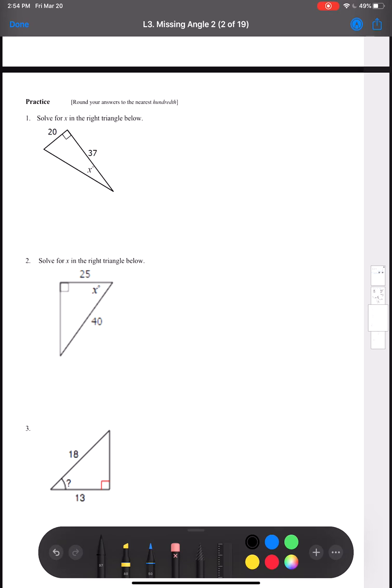Okay, so we're looking at this angle here. This is our hypotenuse. So from this angle, we have opposite and adjacent. So SOHCAHTOA says, because we have the opposite side and the adjacent side, we're going to use tangent.